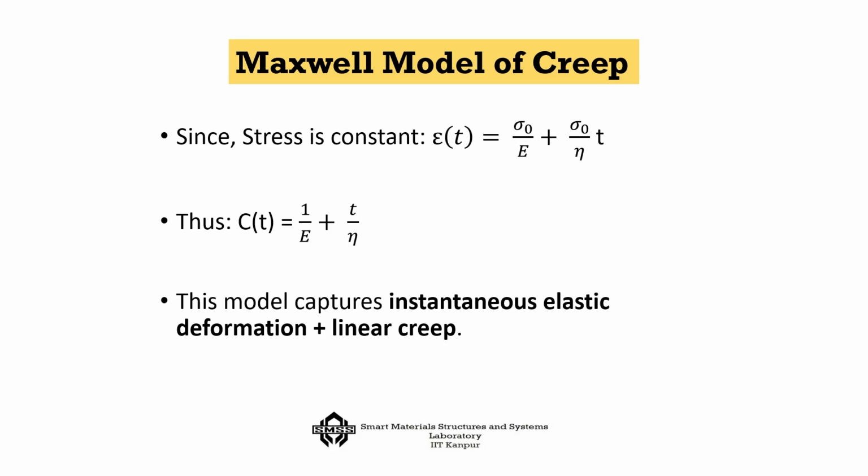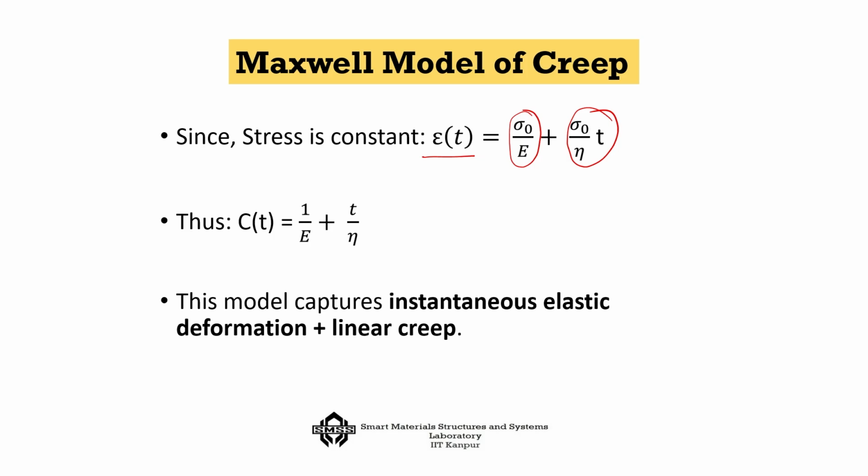Now, how do we model such a system? Well, we can model the strain as having two parts. One part is constant, sigma 0 over E, and another part is the viscous part, that is sigma 0 over eta times t.